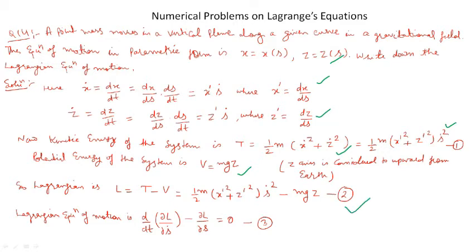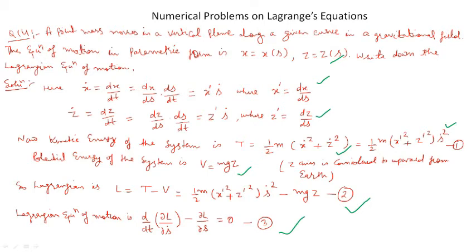Because here x is written in the form of s and z is also written in the form of s, s is the independent coordinate and it will be considered as the generalized coordinate. So our Lagrangian equation of motion will be d over dt of del L over del s dot minus del L over del s is equal to 0.